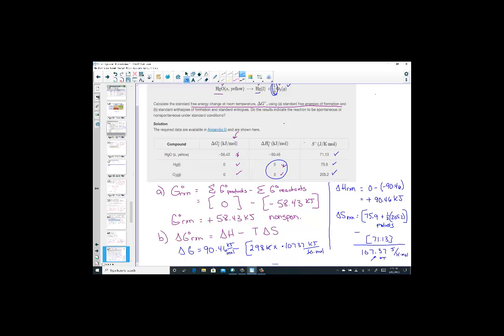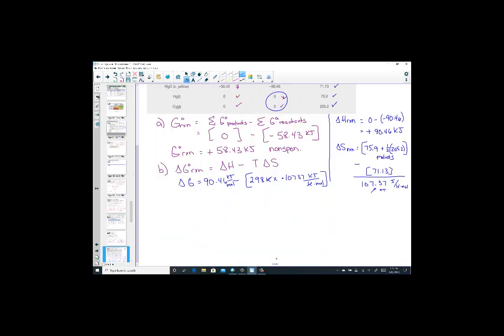Kelvins cancel, and we're subtracting like units. 90.46 minus, and I'll put this in a parenthesis, 298 times 0.10737, close parenthesis, and we got a value for delta G as 58.46 kilojoules. Came out positive.